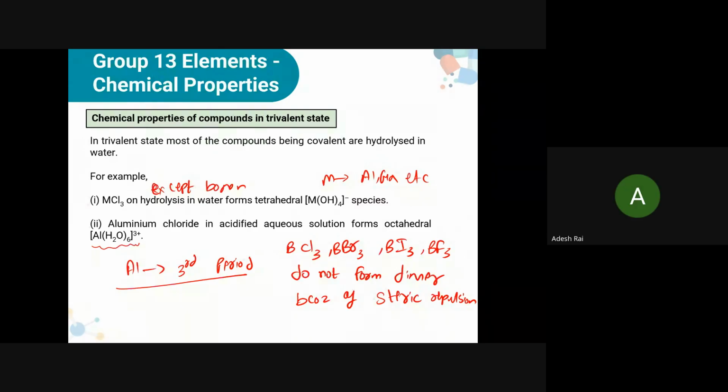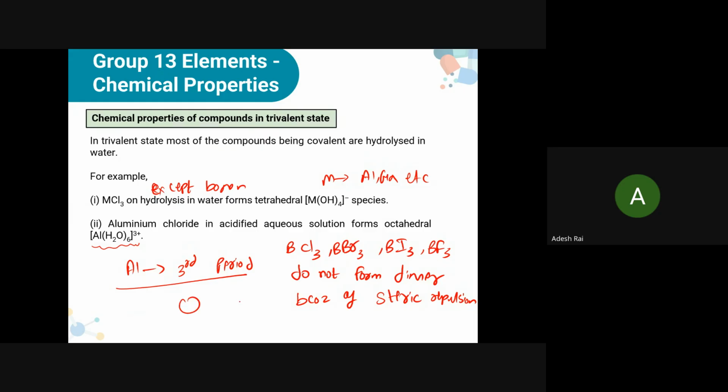Then why does BH3 form that banana bond thing? Banana bonding is different, no? But still, the structure looks similar. No, no. That is a three-centered two-electron bond, first of all. We'll come to banana bond, don't worry. But at that time steric repulsion does not exist because hydrogen is a very small atom.